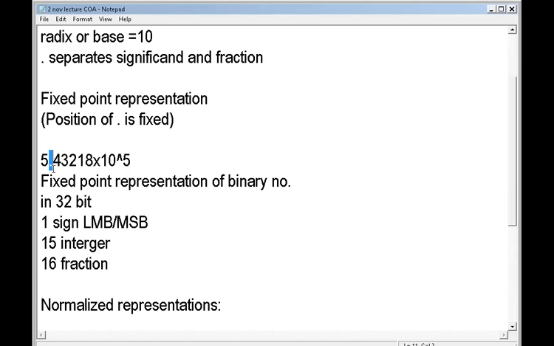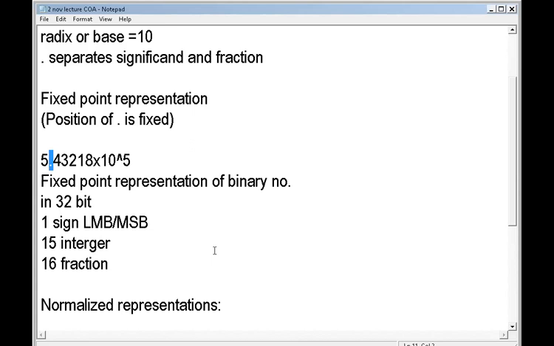And if the position of the decimal point, radix point is fixed, then it is called fixed point representation. So computers nowadays use floating point representation so that the computation can be adjusted.